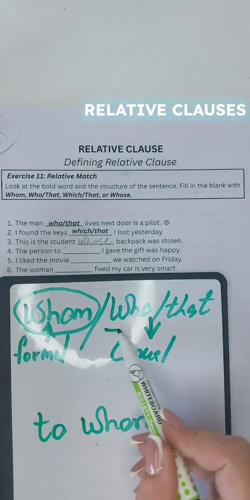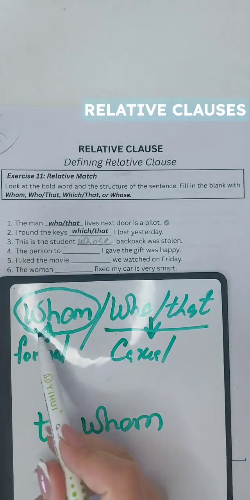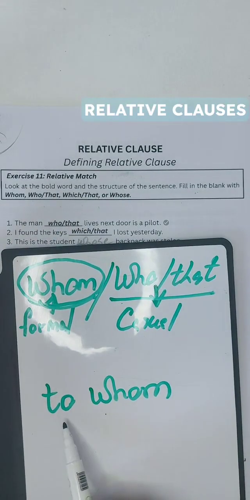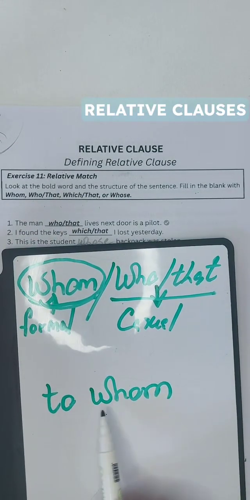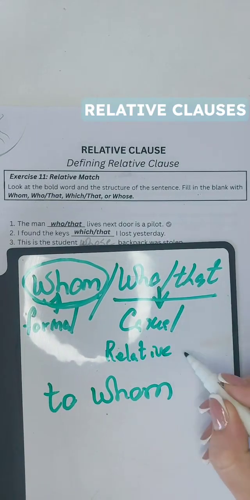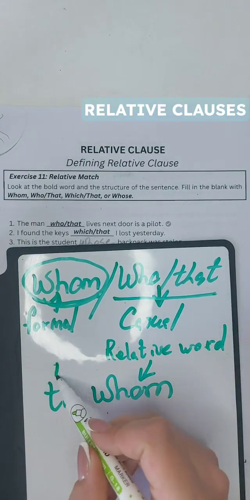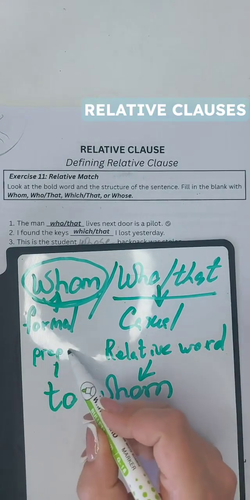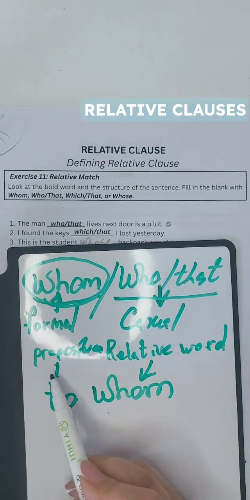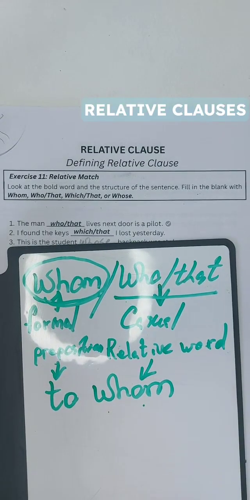Even if who and that can be used instead of whom, when we have a preposition in front of the relative word, we should use whom.